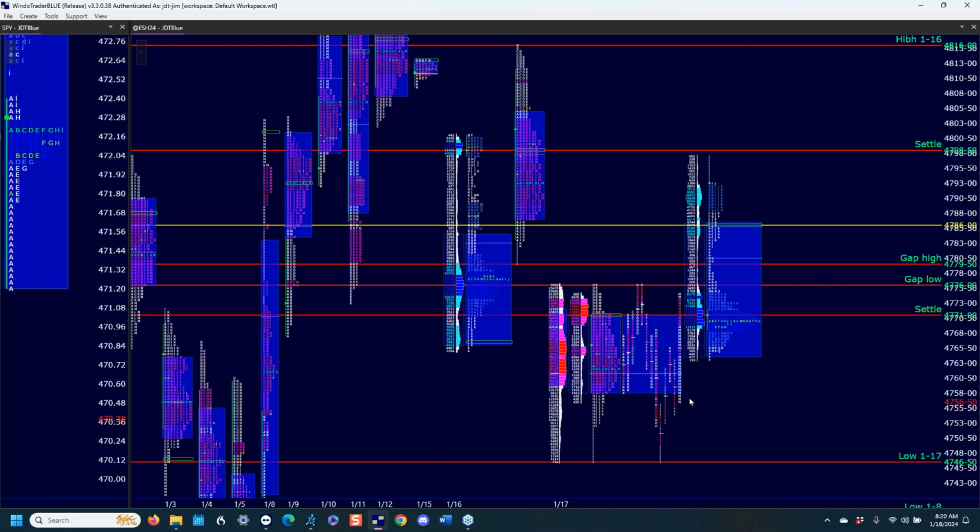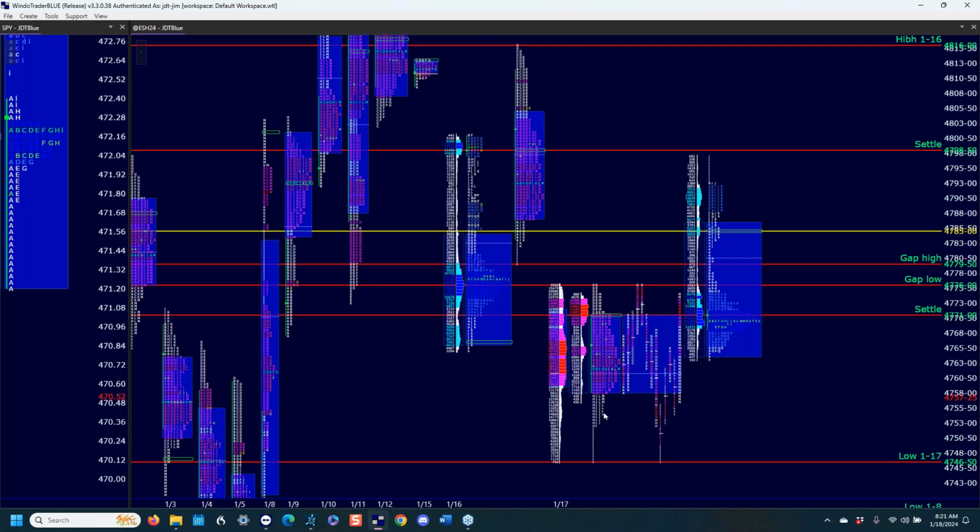And at the last minute, because they have to be out by the close, all of a sudden this panic to cover takes over. Well, guess what? At that point in time, late in the day, nobody's going to sell it to them. So you get this huge run in M period, which is more than likely nothing more than short covering from traders that were trying to take the market lower late in the day.